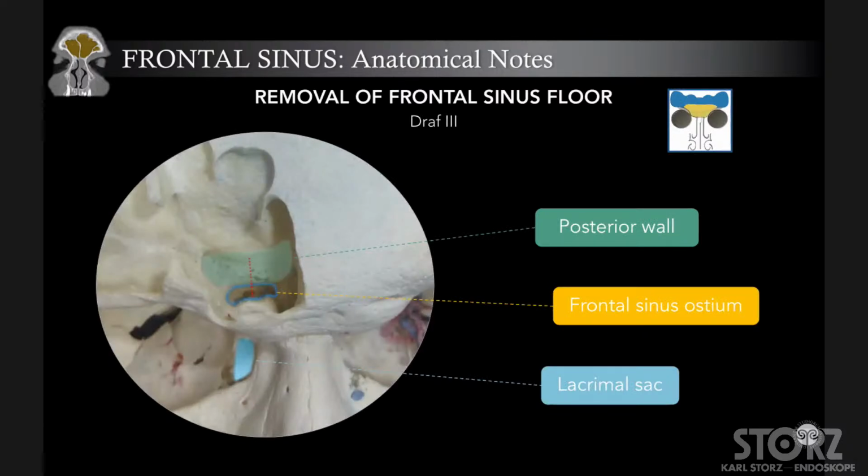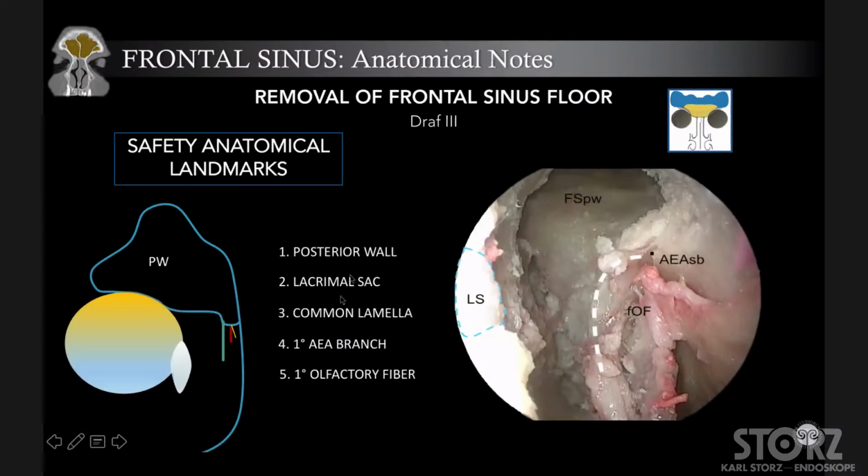The anatomical landmarks that can be used to perform Draf type 3 are the posterior wall of the frontal sinus and the lacrimal sac. So these are all the landmarks that usually we use to perform Draf type 3.